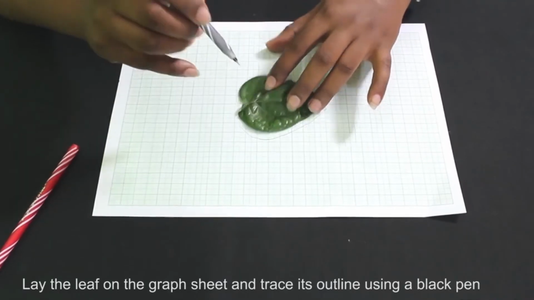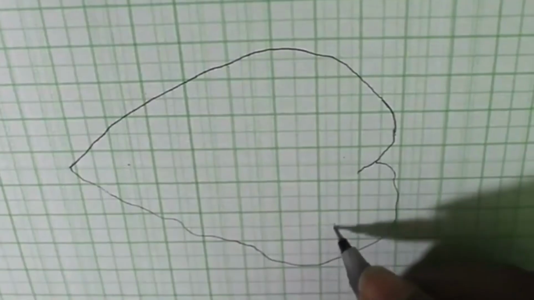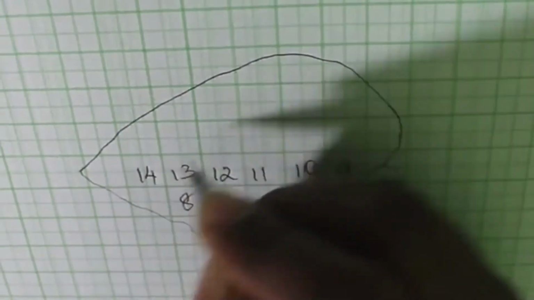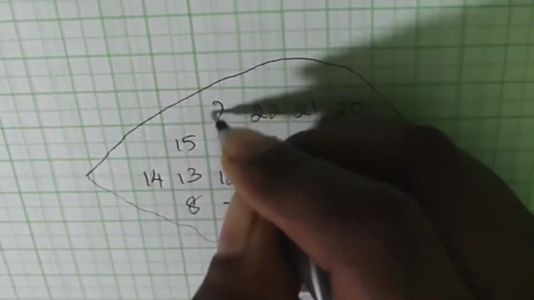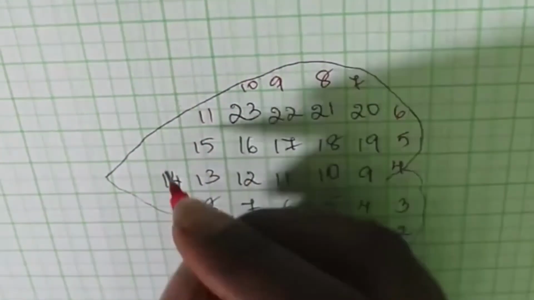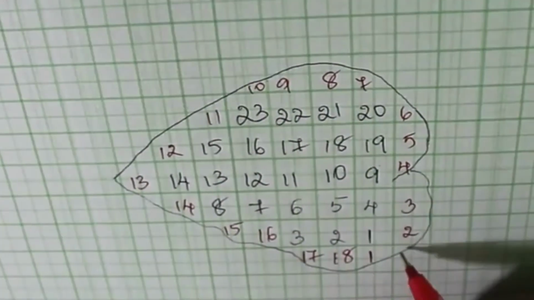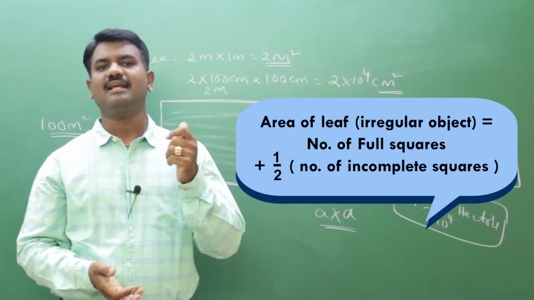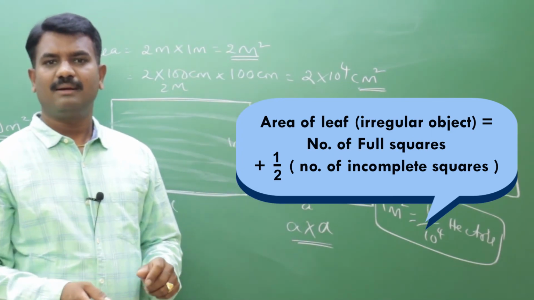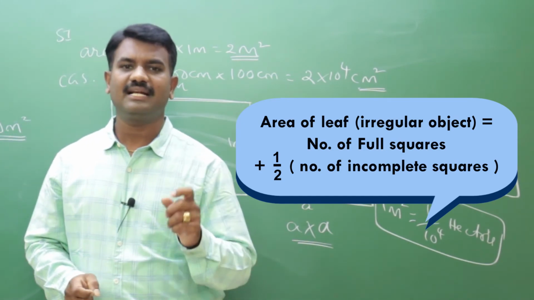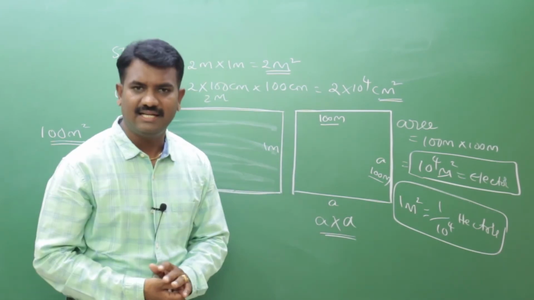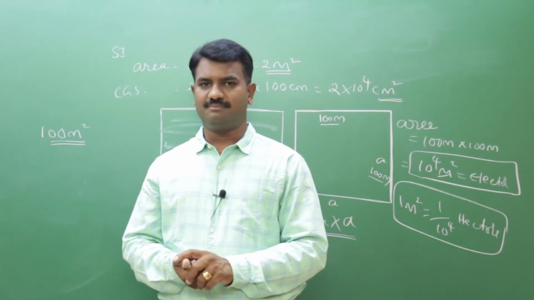After marking, we have to remove the leaf and count the number of complete boxes and the number of incomplete square boxes. Then the area of the leaf will be equal to the number of complete boxes plus half of the number of incomplete boxes. So it approximately gives us the area of a leaf or any irregular shaped object.